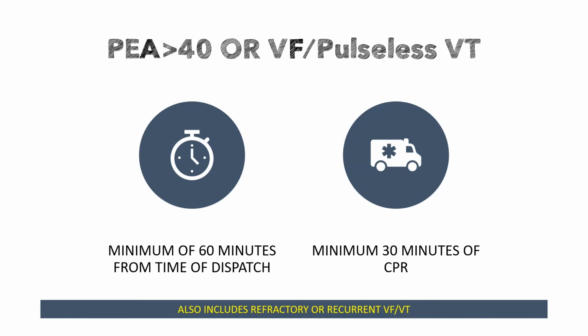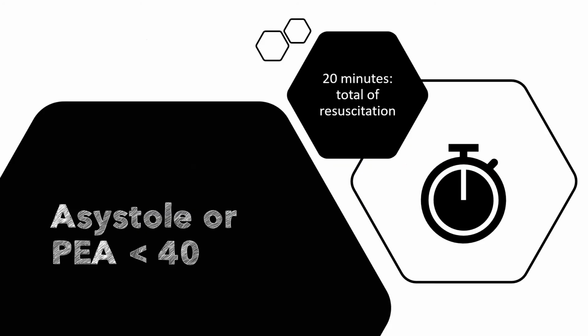They're waxing and waning in and out of VFib, or they're refractory to all defibrillations. It does not include the one that is in VFib, you get there, you defibrillate, and then they go to asystole or PEA, and they never go back into VFib. We can't include every possible scenario in this. So you're going to have to rely on your experienced clinical gestalt and medical control.